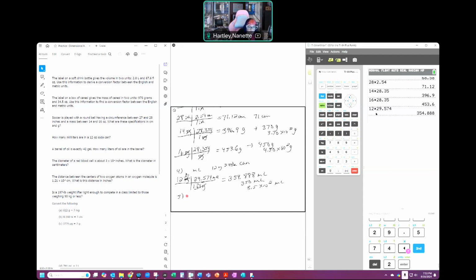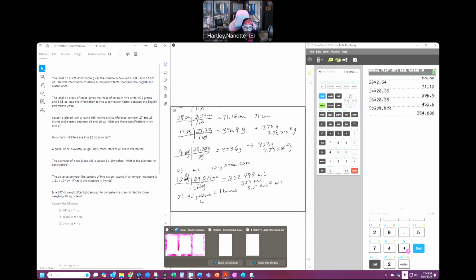5. A barrel of oil is exactly 42 gallons. How many liters of oil are in the barrel? And I want to convert to liters. So I need to look for something that's gallons and liters. That's what I'm looking for. I'm going to check my handout here.